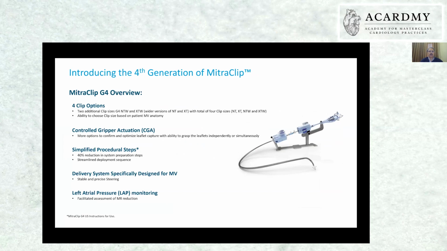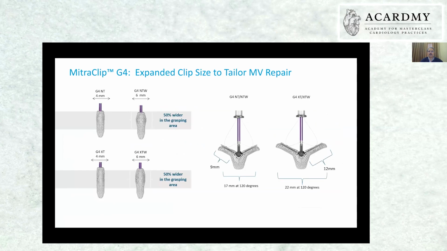This is the fourth generation of Mitraclip, the G4. G4 is the system which we are doing these days, and this is how it looks. G4 NT and NTW, and then XT and XTW. XT and XTW have longer arms, and NTW and XTW are also wider.